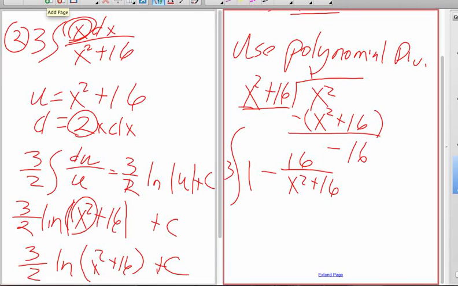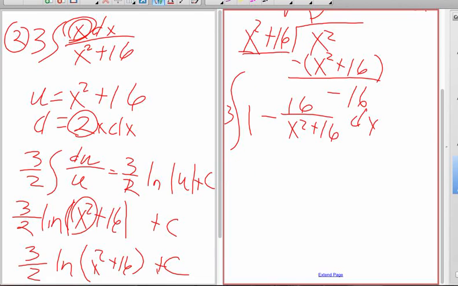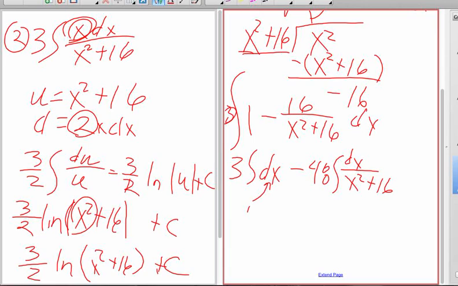Well, this is pretty easy because what you got now is 3 times the integral of dx minus 48, 3 times 16 times the integral of dx over x squared plus 16. This is a power rule. This is arctangent. All right? You look, this problem looks just like the first one we had.